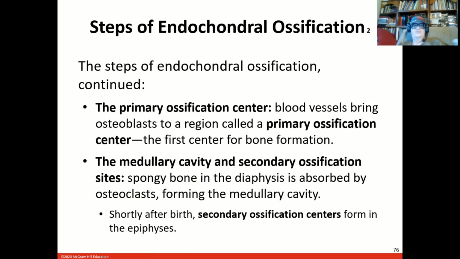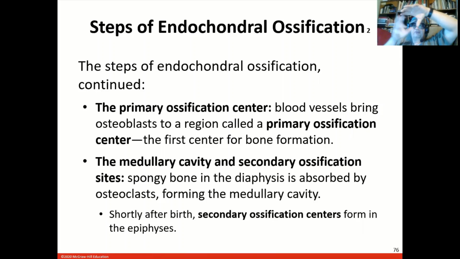Then you're going to form a primary ossification center. Blood vessels will penetrate and go into the middle of this cartilage model, and they will start to supply nutrients, minerals, and osteoblasts, bone building cells. That's going to happen at the primary ossification center. Eventually, the medullary cavity is going to form, but first spongy bone in the diaphysis.